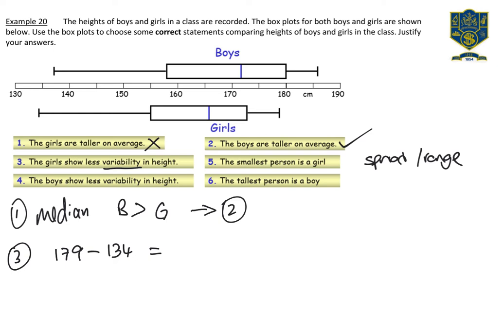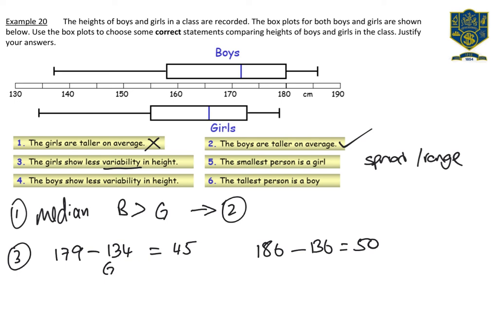If we take those away, we get 45. That's the girls. Whereas the boys go from 186 all the way down to 136. So that's a range of 50. So the boys have a slightly larger range than the girls do.